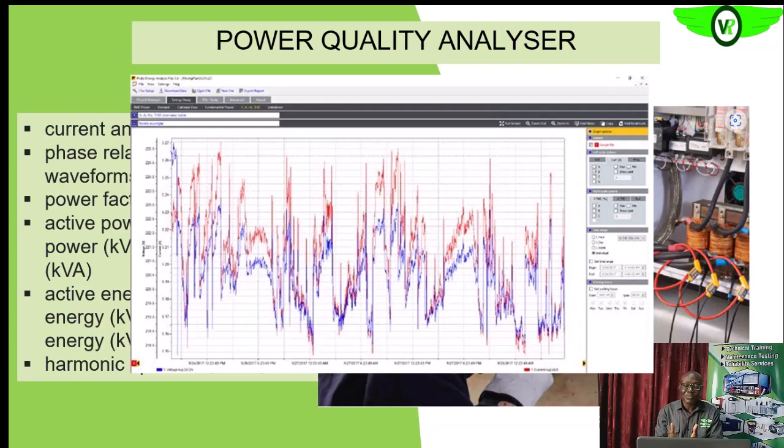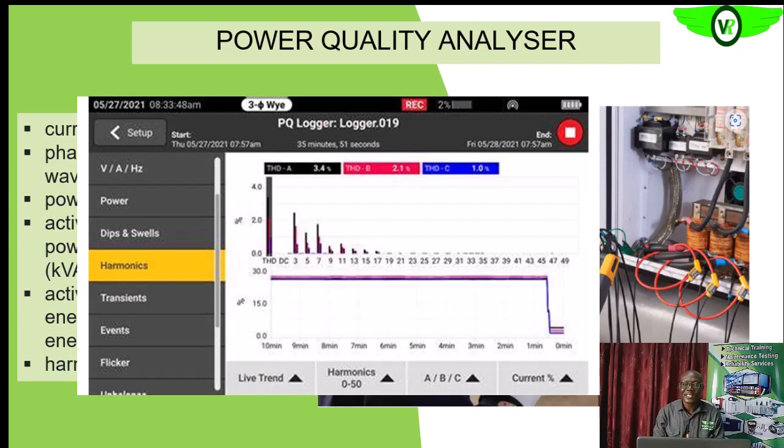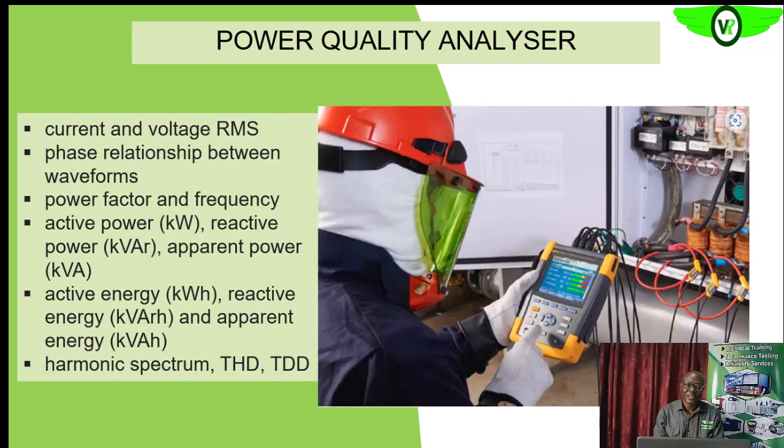So with this analyzer, we'll be able to carry out what is called the fast Fourier transformation, known as FFT. With the fast Fourier transformation, we'll be able to separate all of these signals according to their frequencies of occurrence.